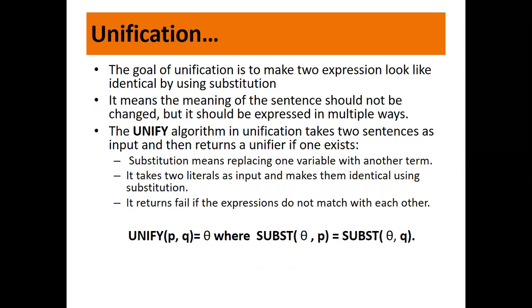The unify algorithm takes two sentences or two literals as input and returns a unifier if one exists. Substitution means replacing one variable with another term. It makes them identical using substitution, and returns fail if the expressions do not match with each other.